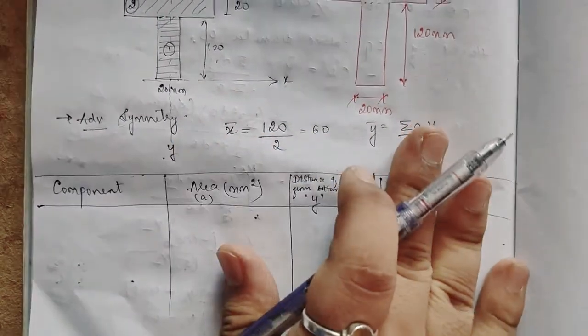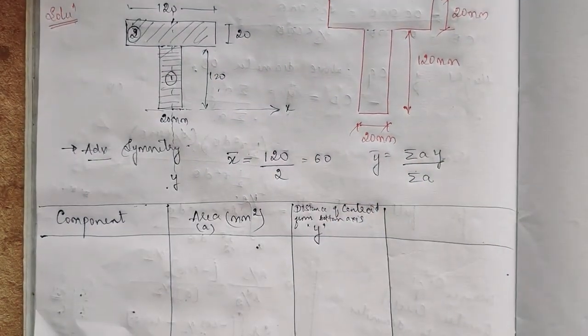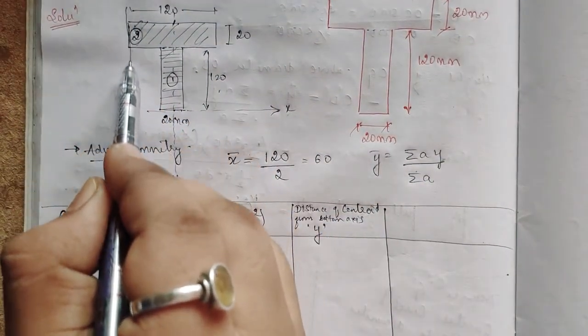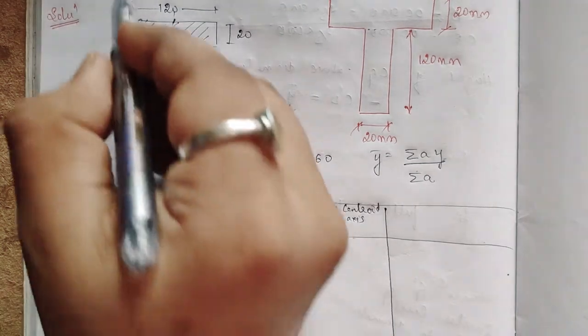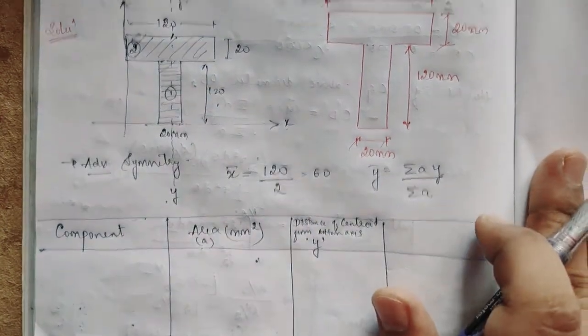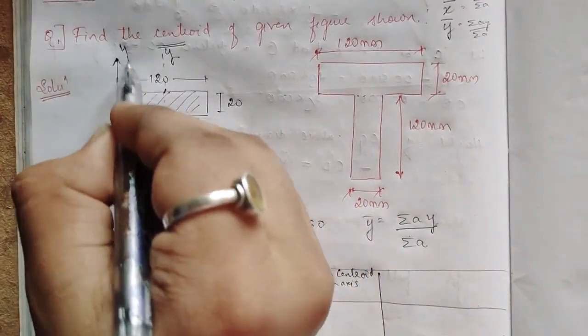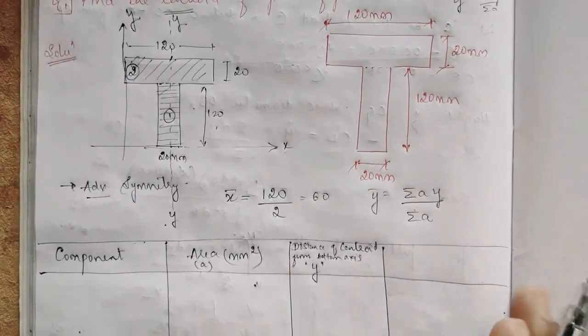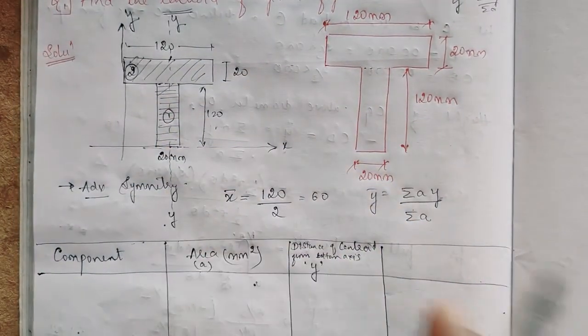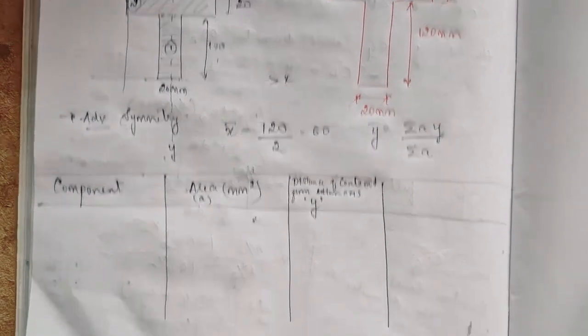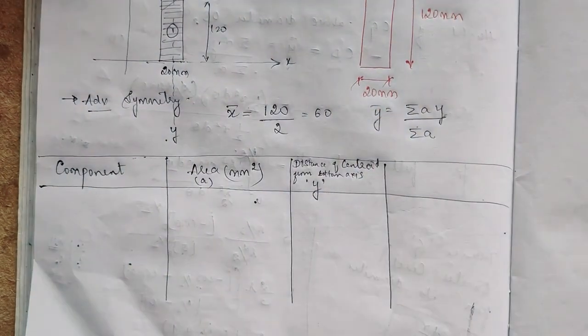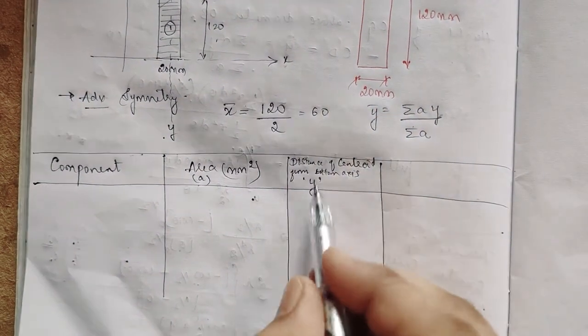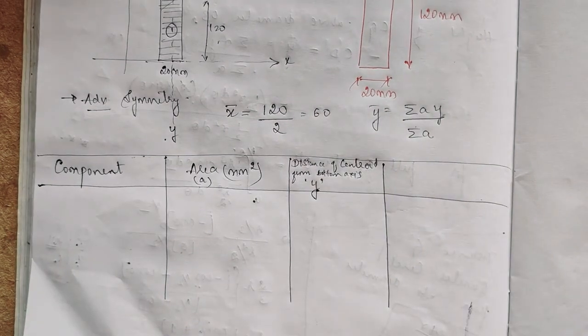Here this is x and this is y. This is the symmetrical axis y. You just see the first problem, you will get to understand. So now what is next? I have taken y.